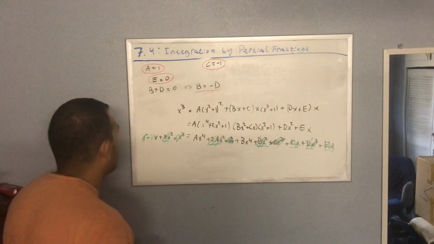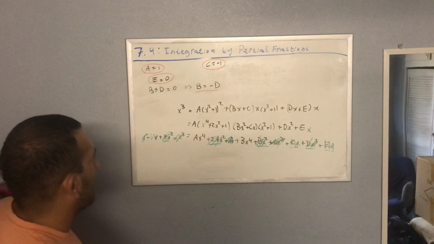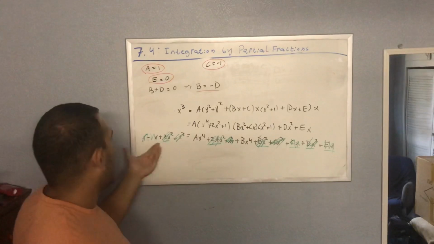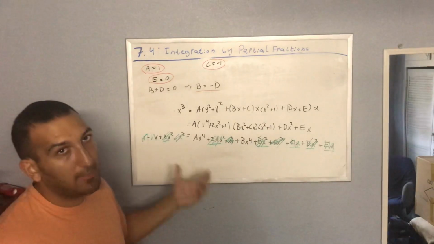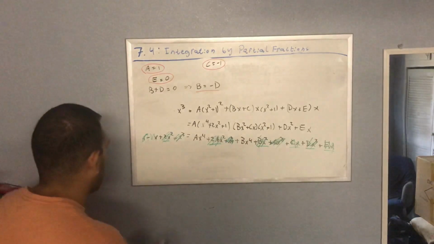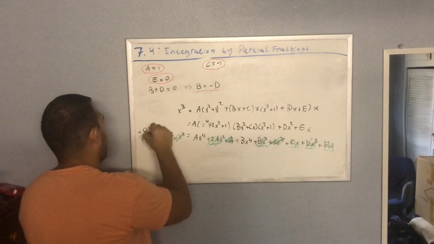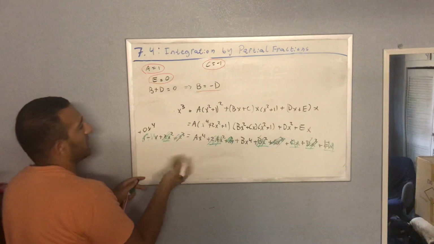And so the last piece of information that we have is that ax to the 4th plus bx to the 4th, well, there's no 4th power here. So that means that it should be a 0 over here. So technically you could add a 0 x to the 4th, right? Because there is no x to the 4th term.